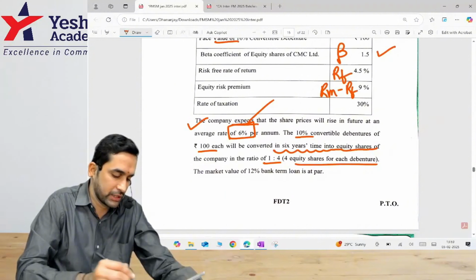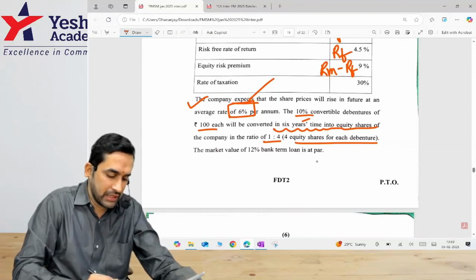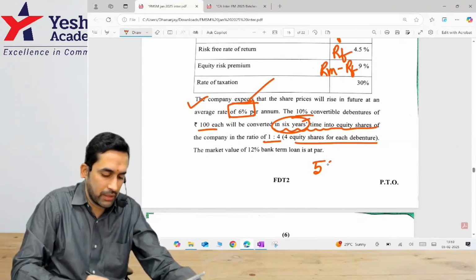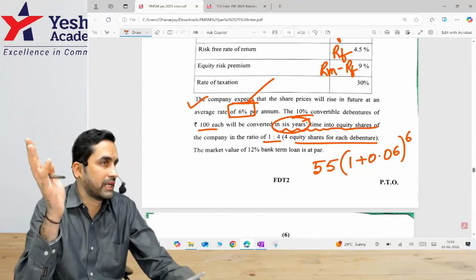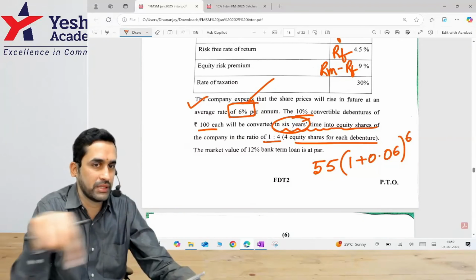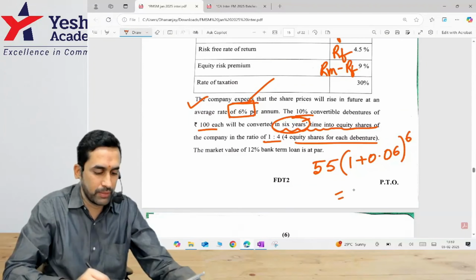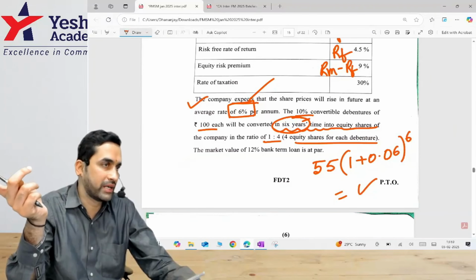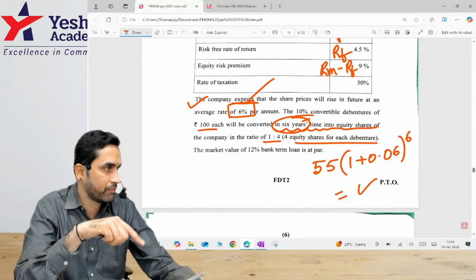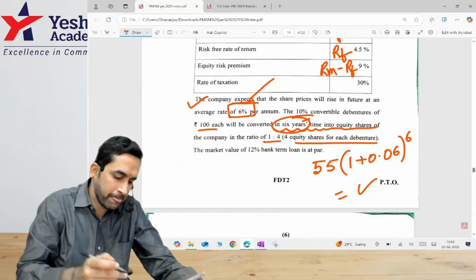It will grow at 6% for how many years? 6 years, correct? That means 55 rupee into growing at 6% for 6 years. Or if you remember in Calci, if you do 6% plus 6 times, you will get to know how much will be the price. That day, he will compare whether this is better or taking cash is better.